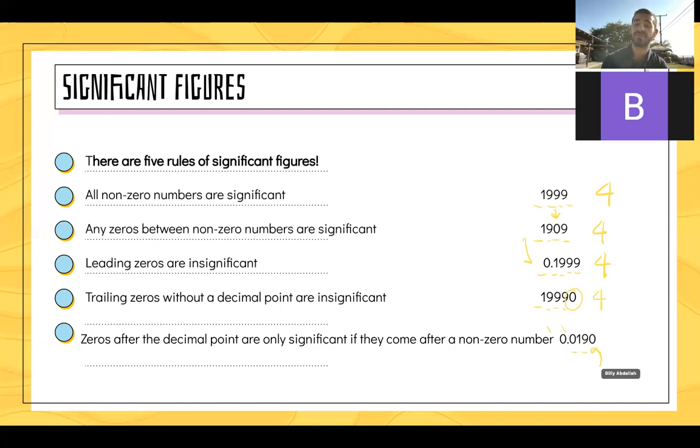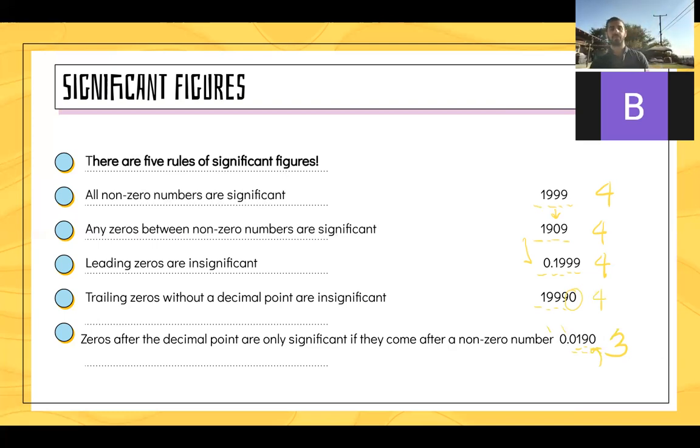And we are told that if the zero comes after a significant figure or a non-zero number, then that zero is significant. Okay. So now we have 1, 2, and we're going to consider this last zero significant because it comes after a non-zero number. So in this, we have 3 significant figures.